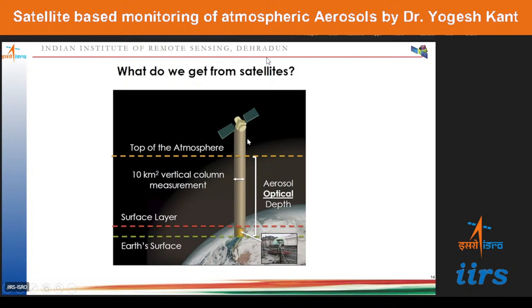Normally the satellites measure from 600 to 700 kilometers above the Earth's surface, and a single satellite has different sensors. Different sensors means the cameras measuring in different wavelengths, and they see the reflected solar radiation from the Earth's surface.